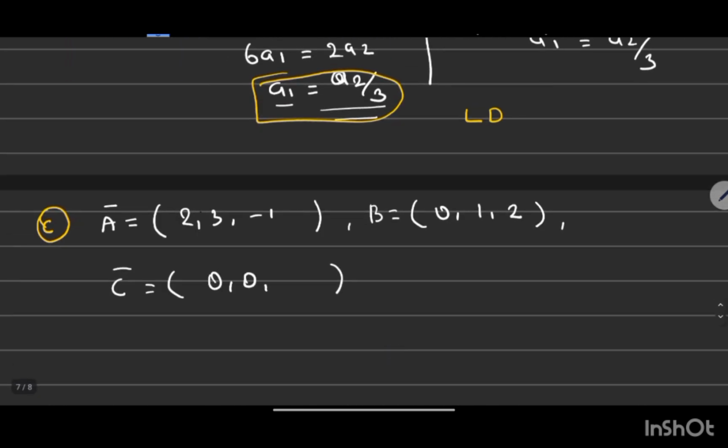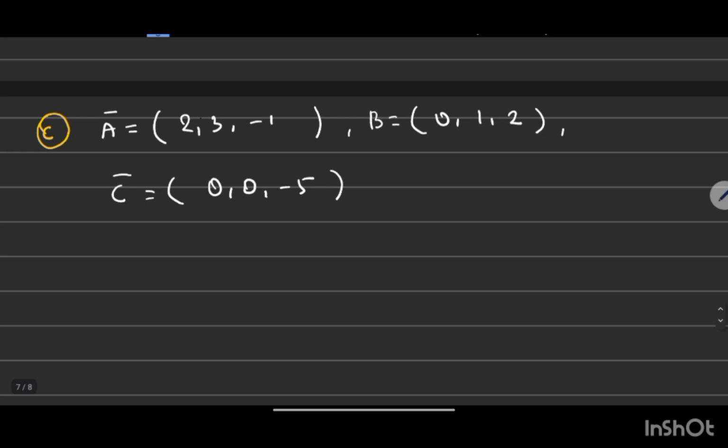Frame a similar kind of equation: a1 times A plus a2 times B plus a3 times C is equal to 0.